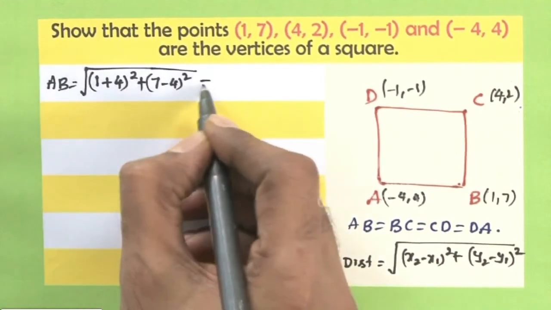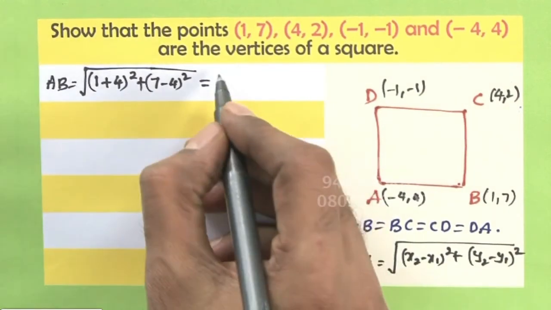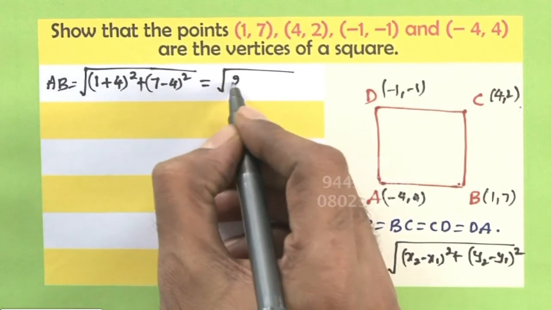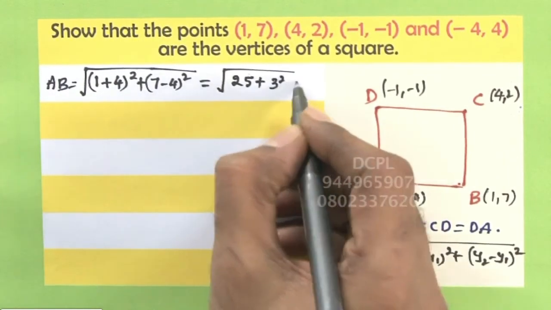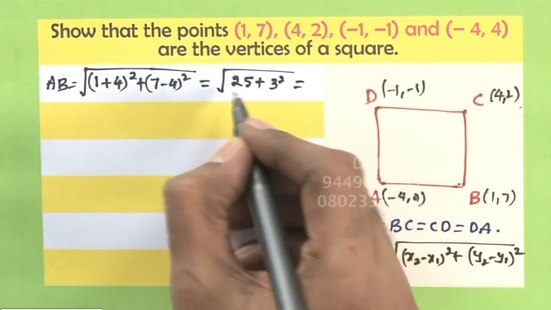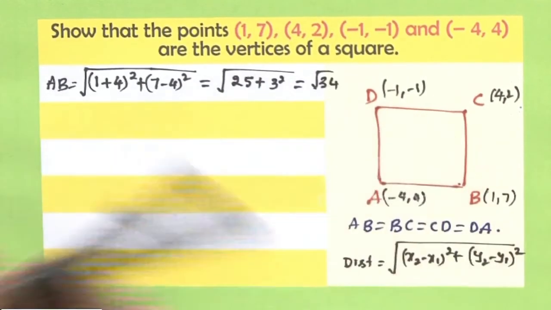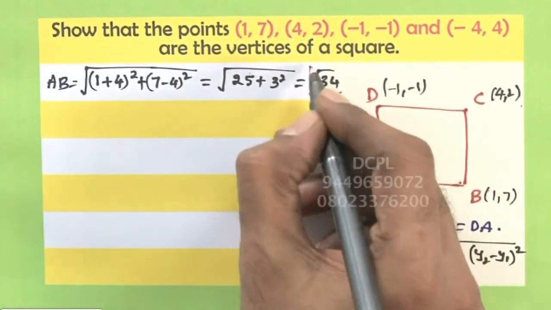What is 1 plus 4? 1 plus 4 is 5. Square root of 5 square, that is 25. 7 minus 4, 3. 3 square, 9. 25 plus 9 is root of 34. So we got AB as root 34.